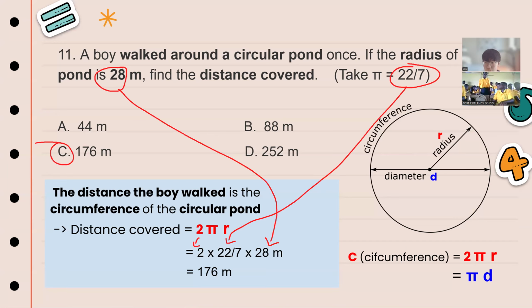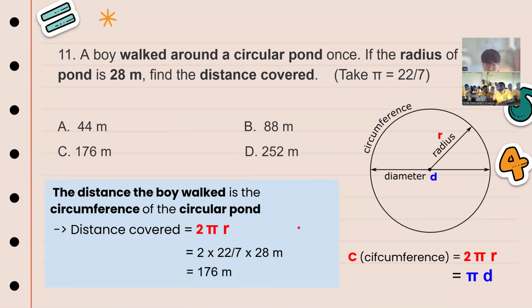Okay, let me move on. Oh, one more thing. You can also calculate the circumference by pi d, and d is the diameter. Diameter is the length from one point of the circle to another point of the circle by crossing the middle. That length is called the diameter.